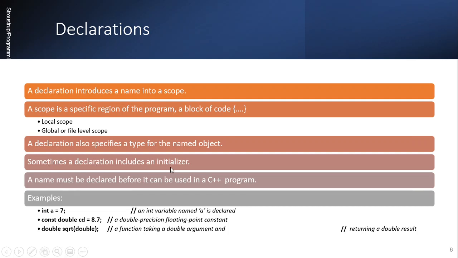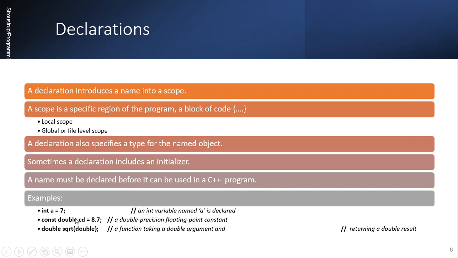Sometimes a declaration includes an initializer like this. This is a declaration as well as an initialization. But this is not always the case. A declaration may not always include an initializer. A name must be declared before it can be used in a C++ program. This is a universal rule that you should always remember. Whenever you want to use a name, you must declare it first.